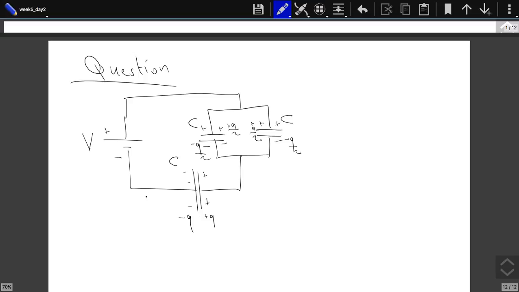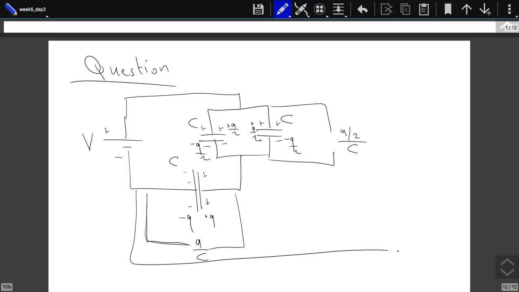Now let's see, what is the potential difference across this capacitor? Q over C. Now the potential difference across this capacitor, well, the charge is Q over 2, so Q over 2 over C. So the total potential difference between these two points will be just Q over C plus Q over 2C.